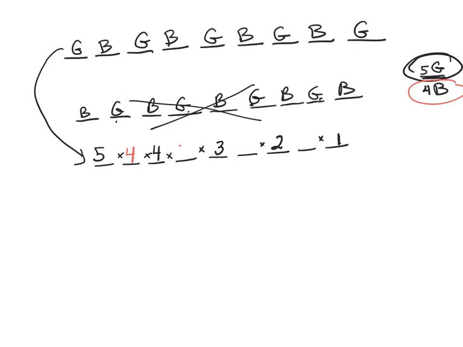Once he sits down, 3 for the fourth. Once those 2 boys sit down, 2 for that spot, and finally 1 at the end. So this would be our answer, and if we multiply this out, we get 2,880 ways. The key is the factors that we've listed. All right, let's take a look at another.